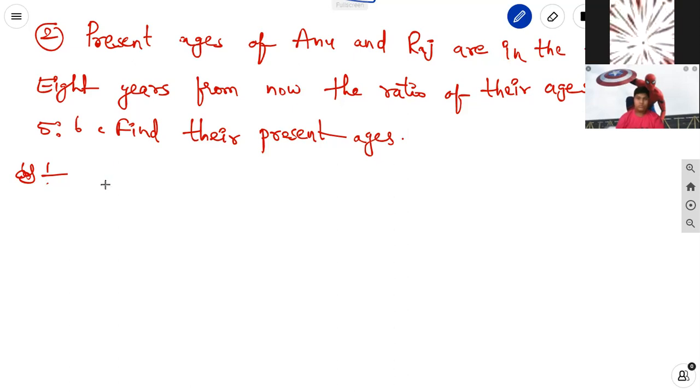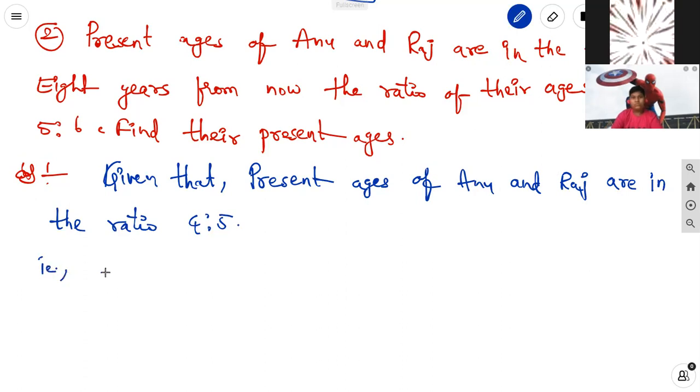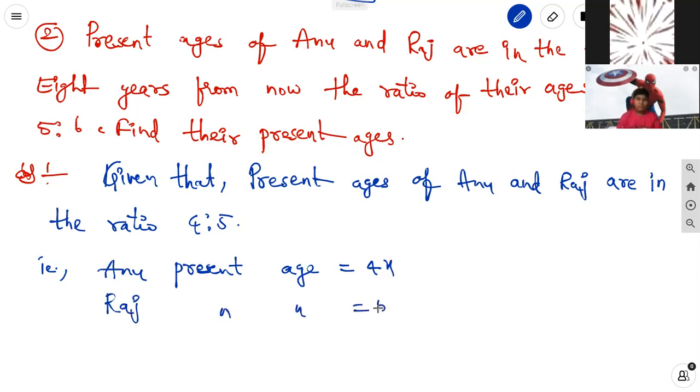That is nothing but Anu's present age equals 4x, Raj's present age equals 5x.